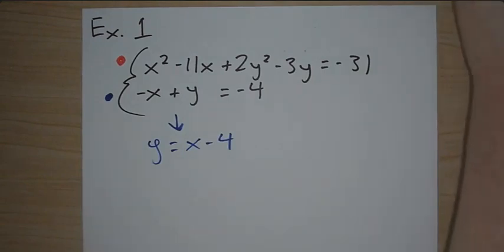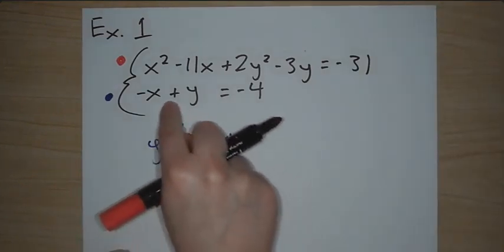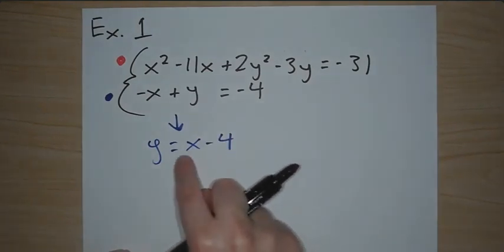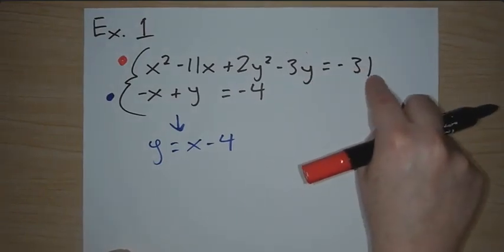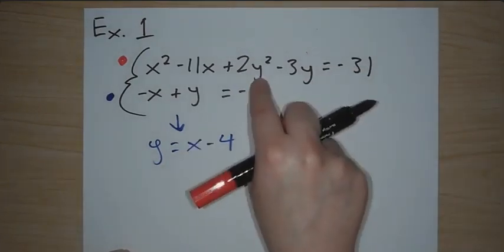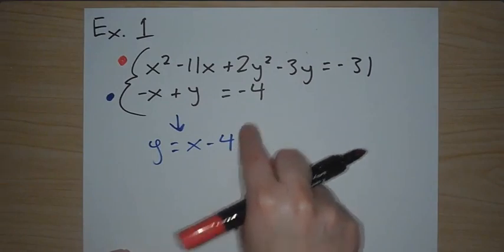Next, to use substitution, we take the variable we solved for in the one equation and substitute it for the y in the equation up here. Since we solved for y, I'm going to substitute x minus 4 into the y's.